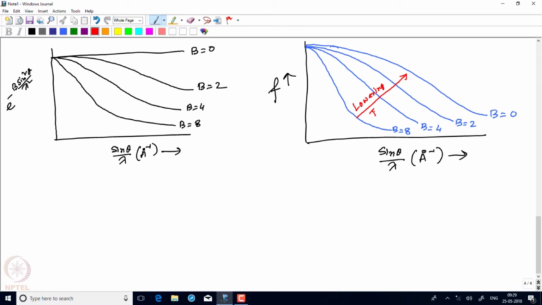As a result, the atomic scattering factor reaches its actual value when there is no thermal vibration.